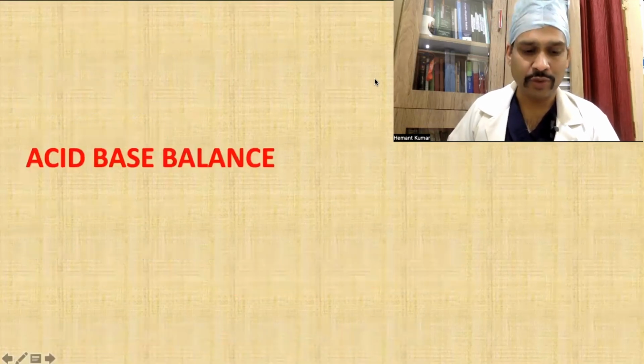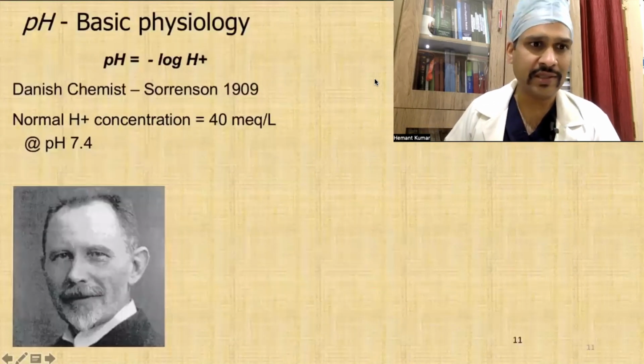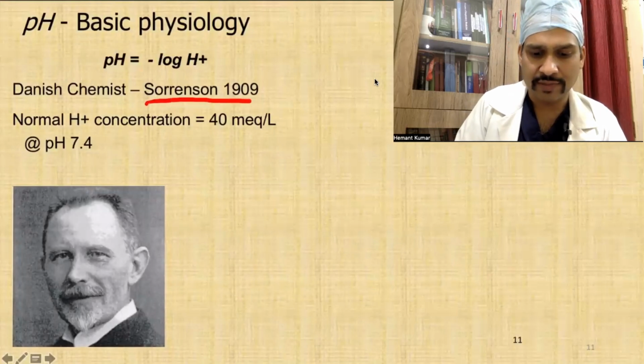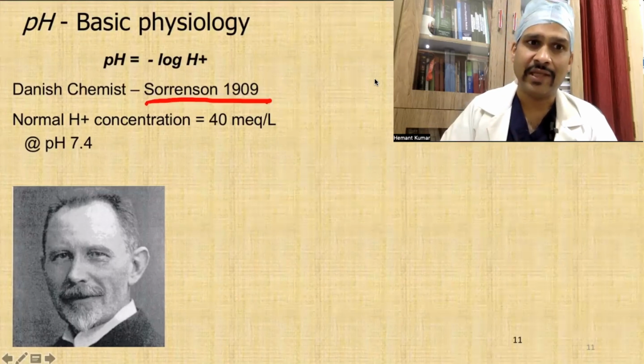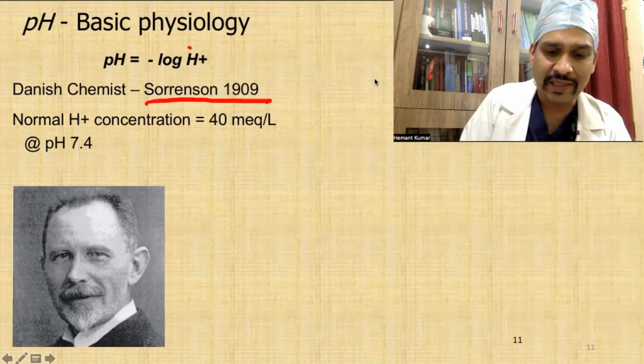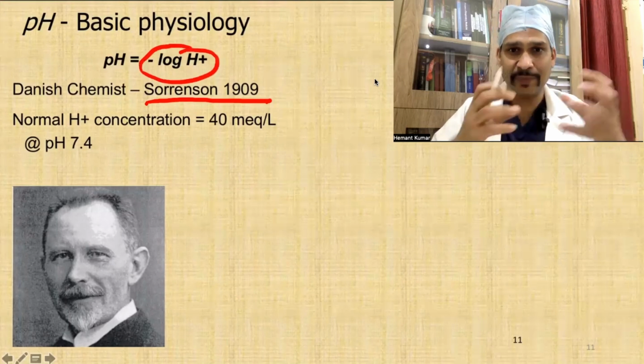So now coming to our core subject, that is acid-base balance, especially in the ICU. There is a Danish scientist called Sorensen, and he gave the theory of pH. He said that pH is the negative log of H plus, which means it is inversely proportional.